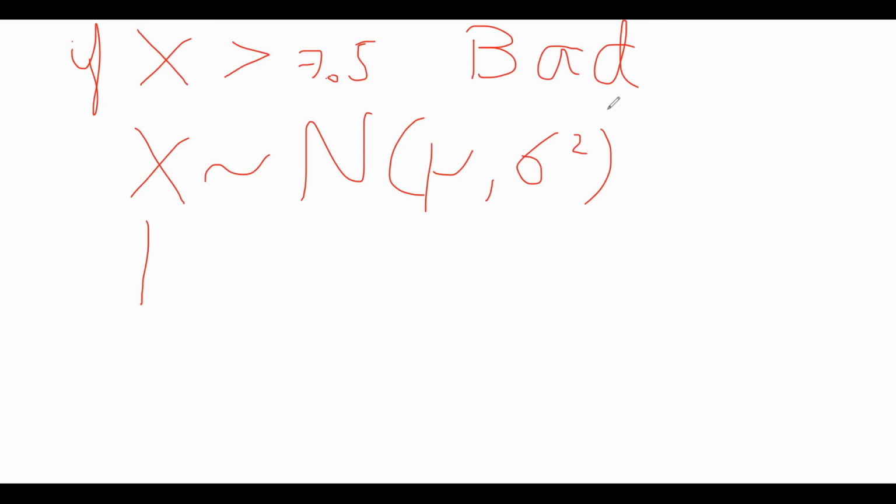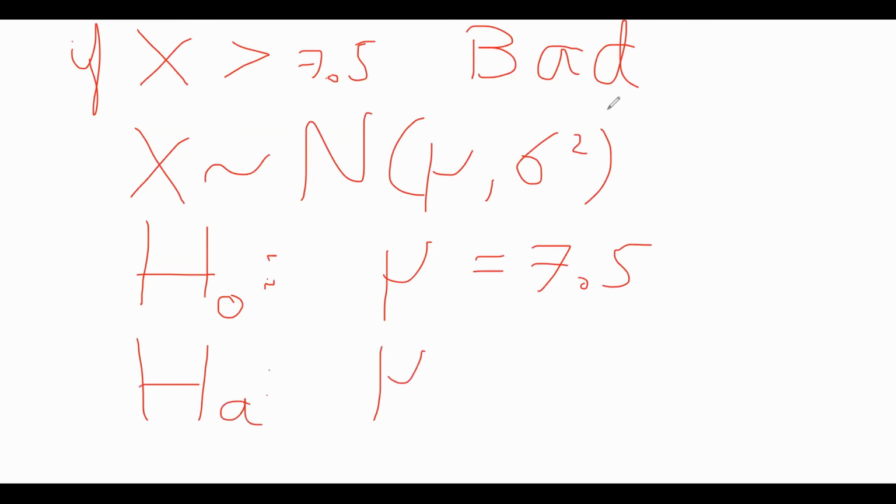The null hypothesis, H stands for hypothesis. Null hypothesis doesn't mean it's something you want or something you like. It means it's the most specific statement. The most specific statement you can say is that mu equals 7.5. The alternative is that mu is greater than 7.5.